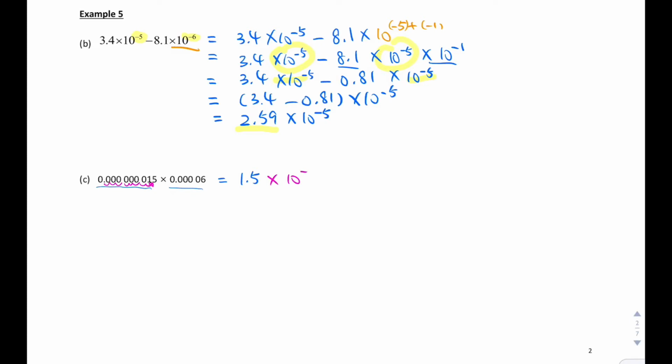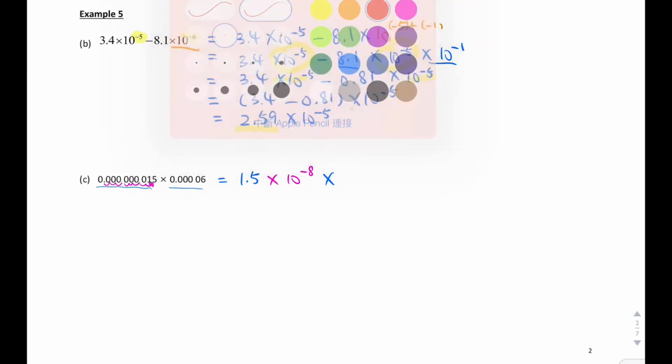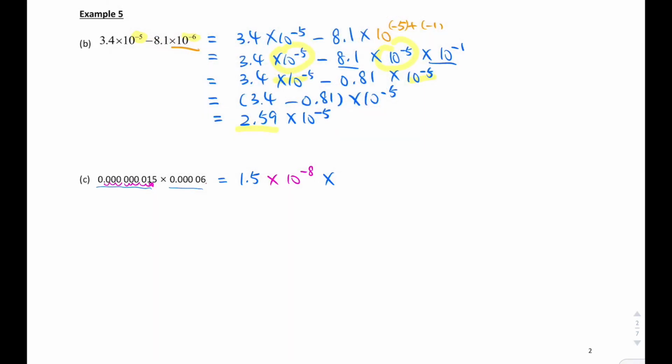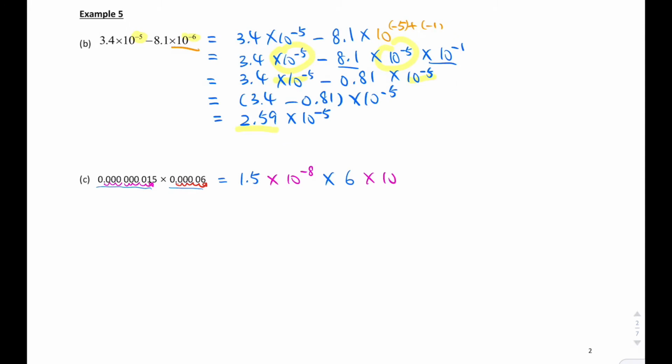So this is 10 to the power of negative 8 times here. The decimal point we move 1, 2, 3, 4, 5 decimal places to the right. So this is 6 times 10 to the power of negative 5.